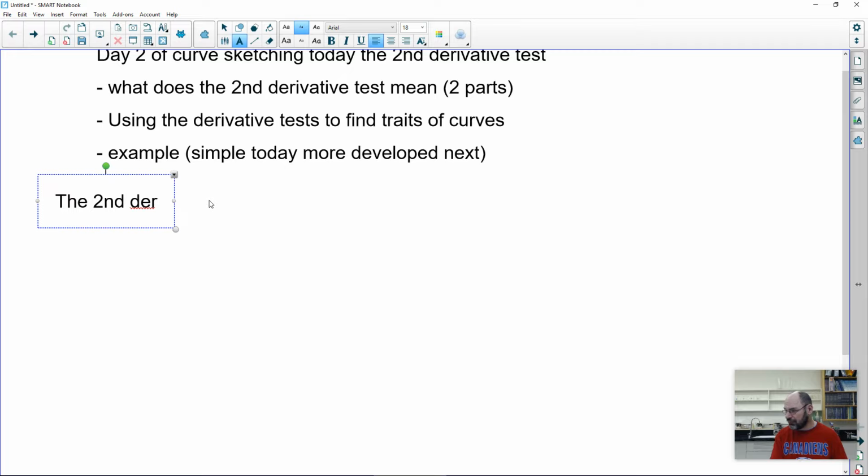What the second derivative means basically is you take the first derivative and you take the derivative again. And so the second derivative test tells us two things.